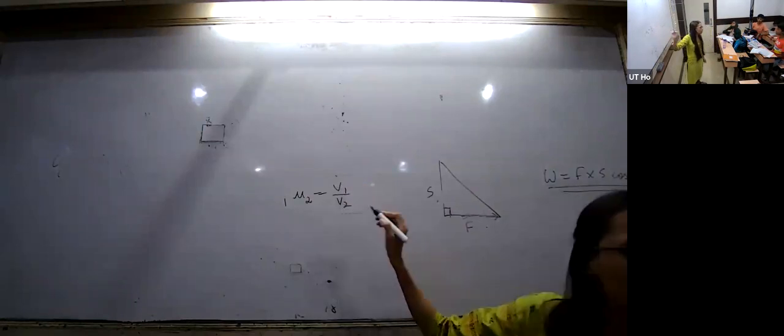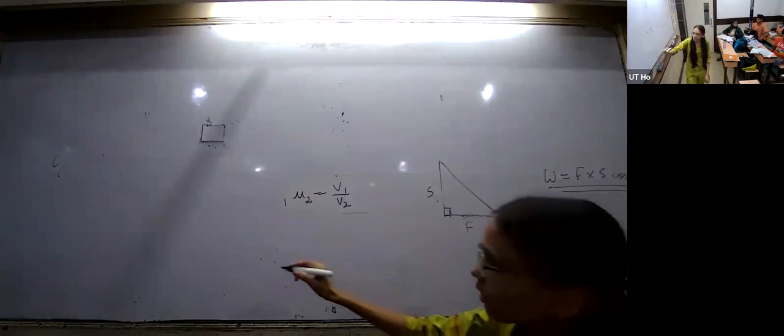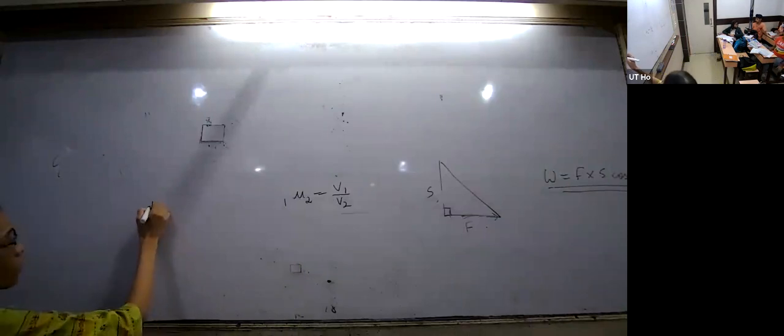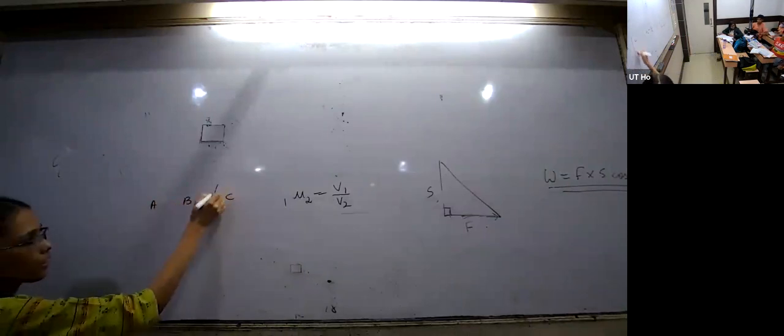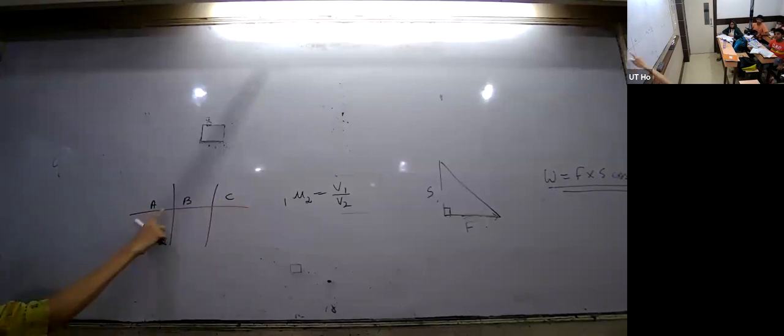What does V1 mean? This is the last question. Now, I hope none of you will go wrong in this. There are 3 media A, B, C, and the refractive index of all of them is given.